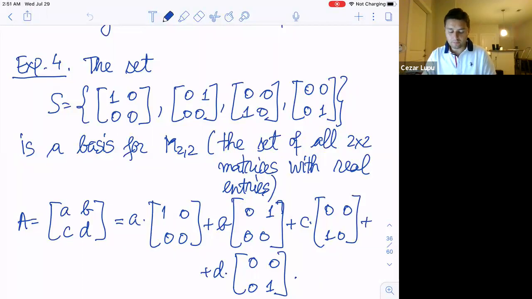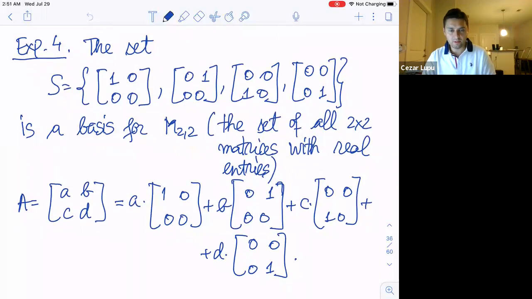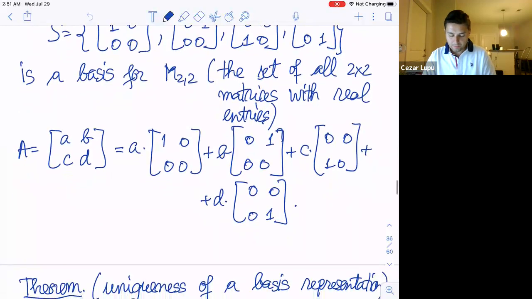Well, this is just an easy computation, right?